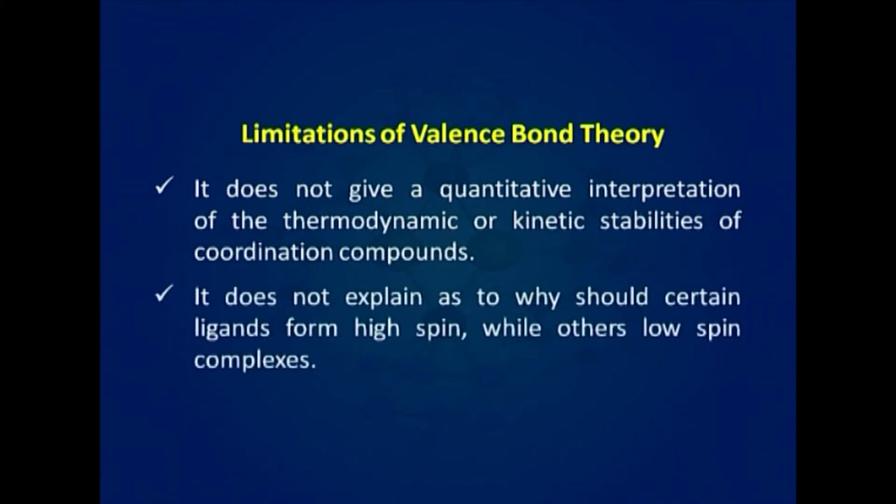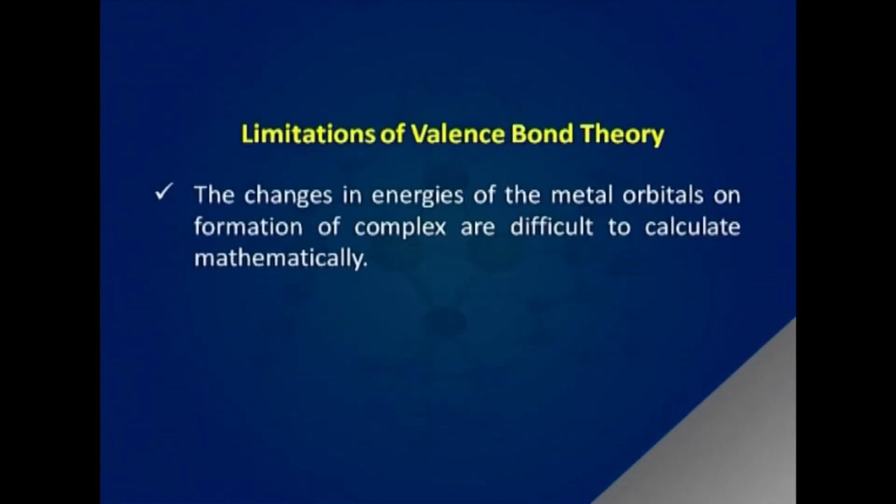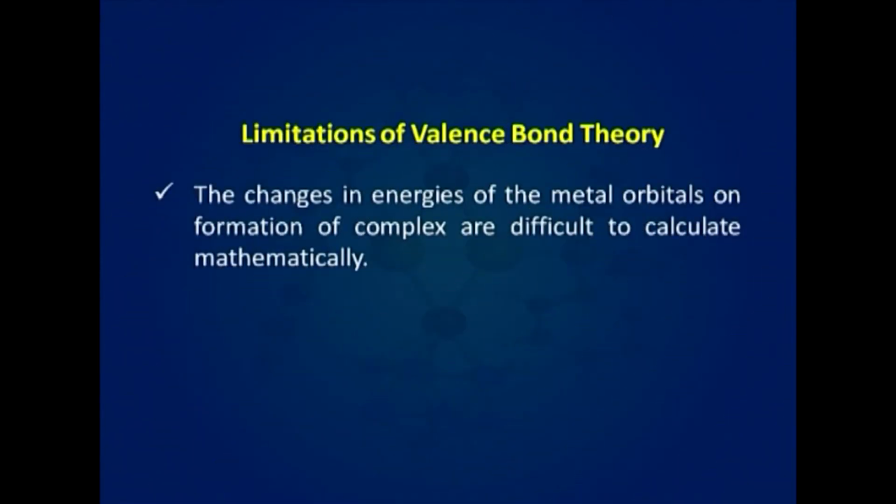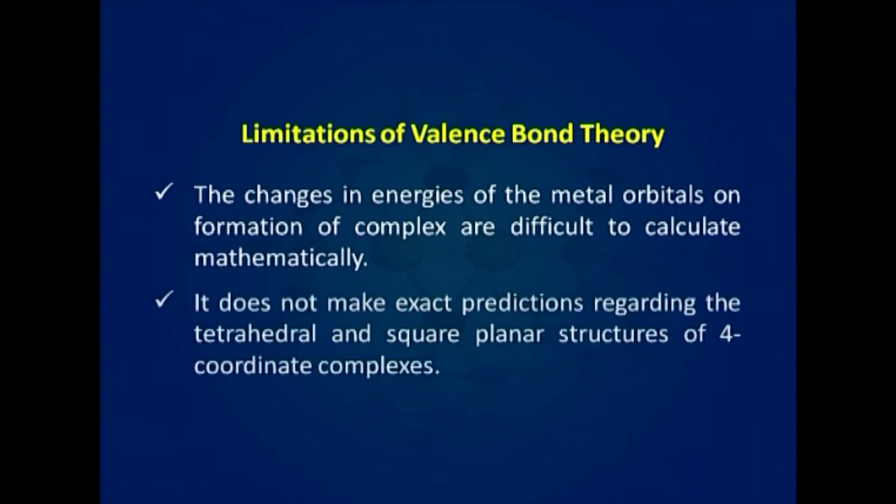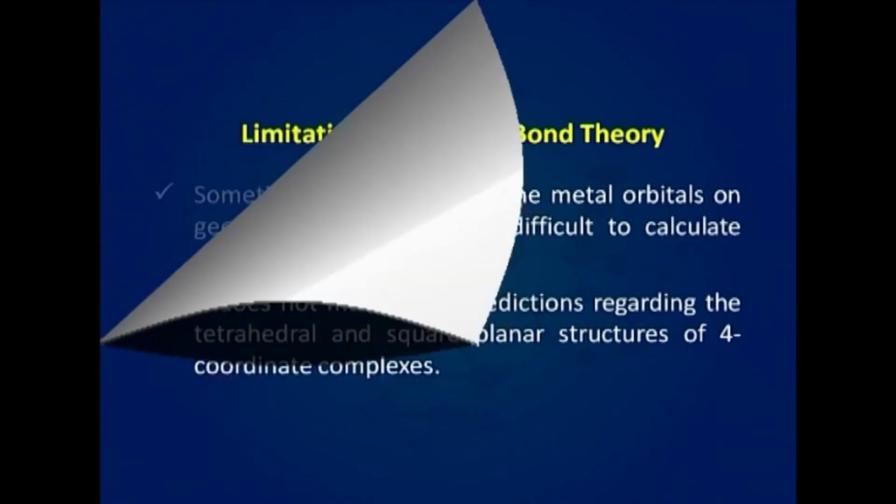It does not explain why certain ligands form high spin while others low spin complexes. The changes in energies of the metal orbitals on the formation of complex are difficult to calculate mathematically by using valence bond theory. It does not make exact predictions regarding the tetrahedral and square planar structures of four coordinated complexes.